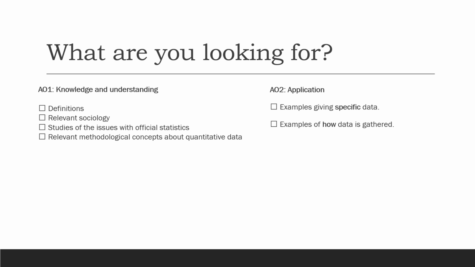Bring in relevant sociology. So for example, Holdaway's definition of official statistics might be useful to draw in. Making sure that you use the different key terms. You can bring in studies which show there are issues with official statistics.